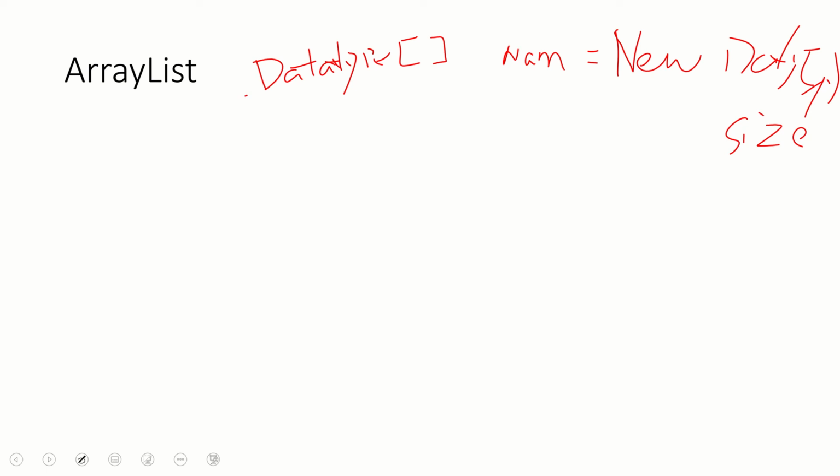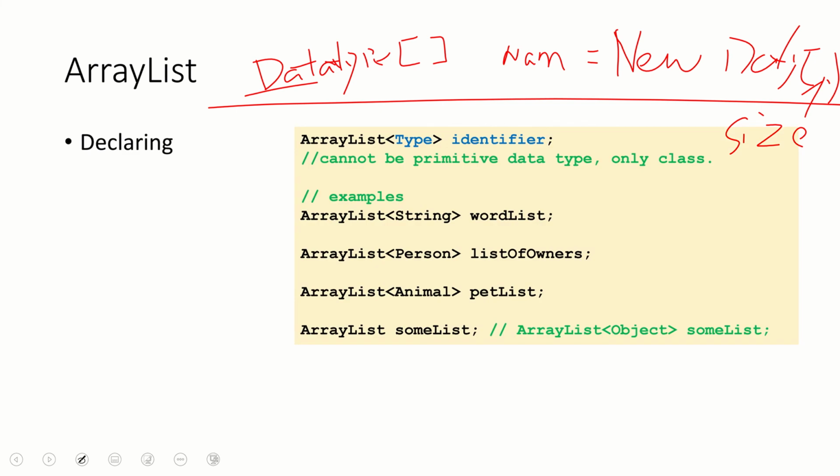Okay, so this is the way we create an array. But obviously, you cannot see any keyword of array in this format, right? But when we create an ArrayList, it's very different. We use the keyword ArrayList.